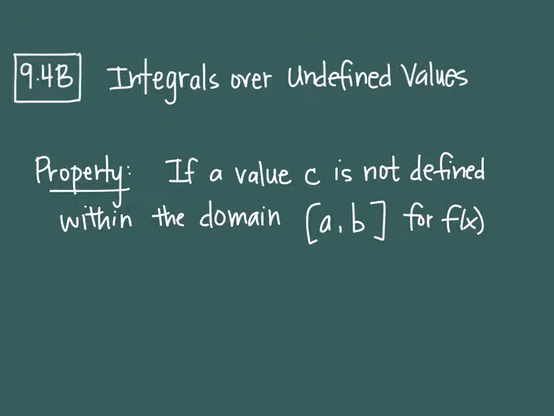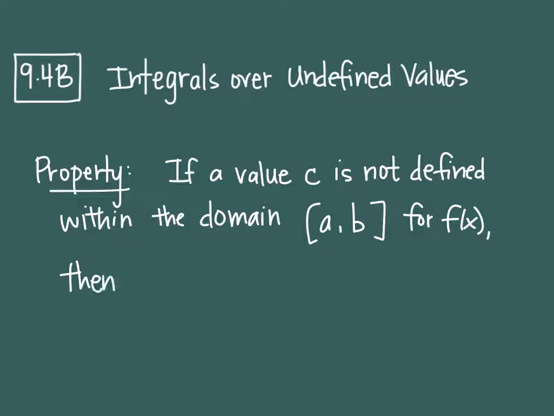Let's say you have a hyperbola that's 1 over x plus 5. What number is not part of the domain? -5, right? But what if your bounds are like -10 to 10? You have a value within there that's a problem. Then what do you do?